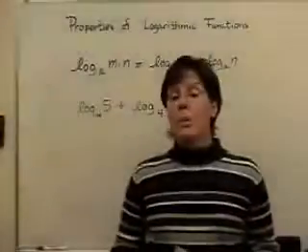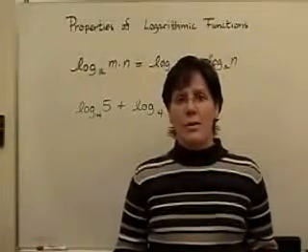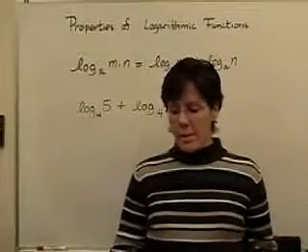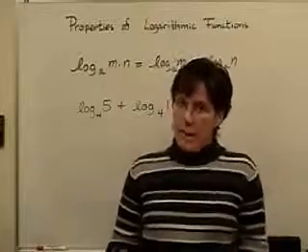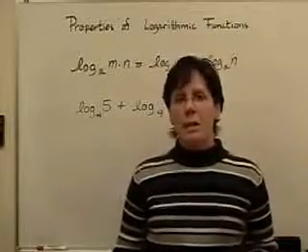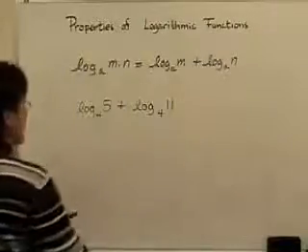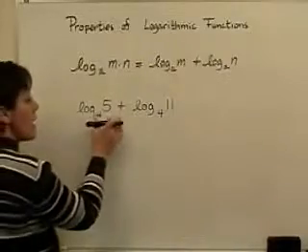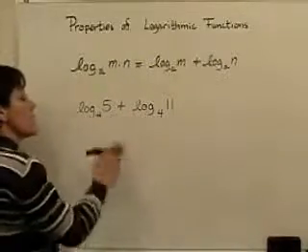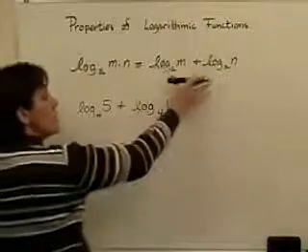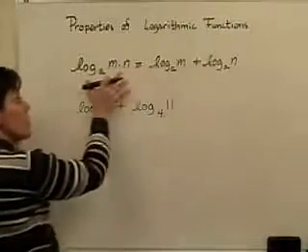Using this multiplicative property, you might be asked to go in the other direction. For example, you might be asked to express several terms as a single logarithm. So what I've got here to have you work with is the log of 5 plus the log of 11, where the base is 4 in each case. So I'm going to go from this direction over to here.